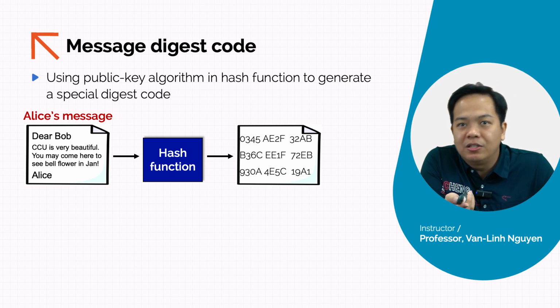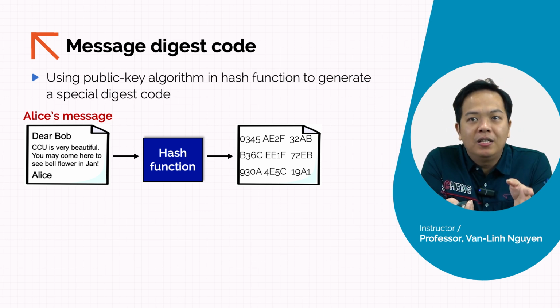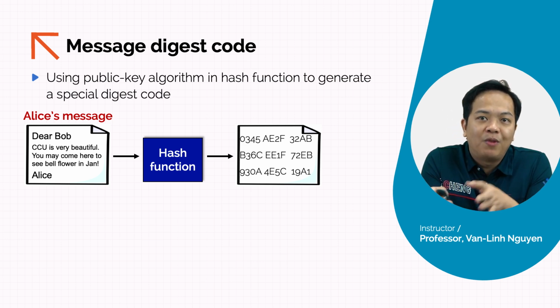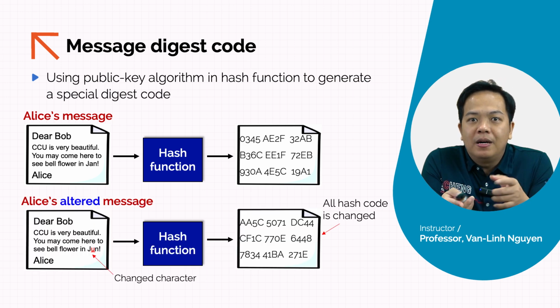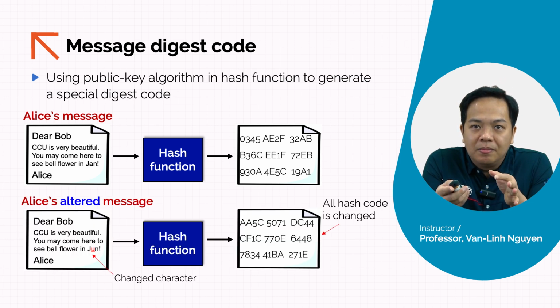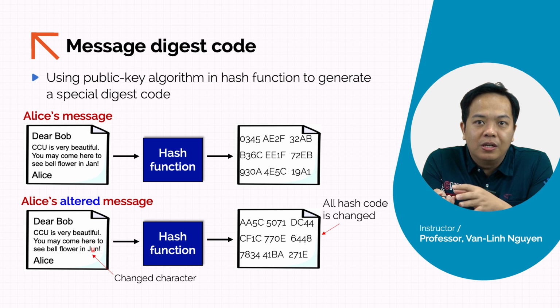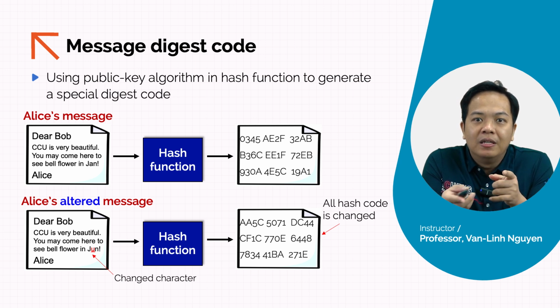So you can see on the screen, Alice's message after the hash function becomes a hash code. It's a kind of random hash code, a hex code, right? If Eva alters the message, for example, changing just one character to June, because Alice's invitation is to come see you in January, right?